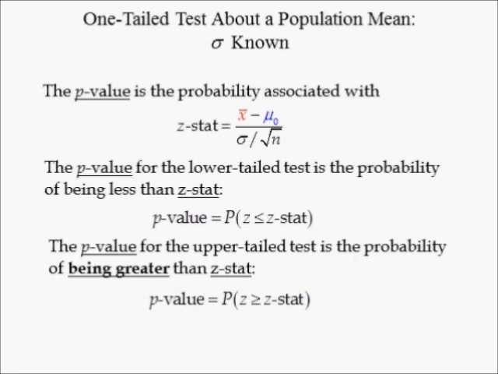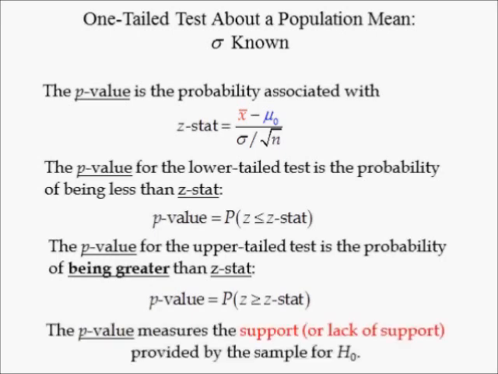The p-value for the upper tail test is the probability of being greater than z-stat. The p-value measures the support or lack of support provided by the sample for the null hypothesis.